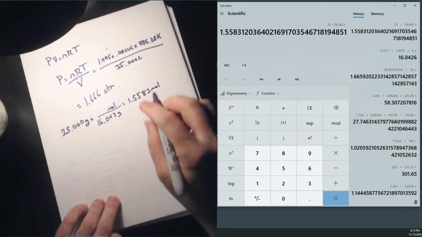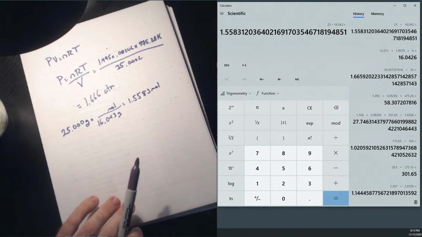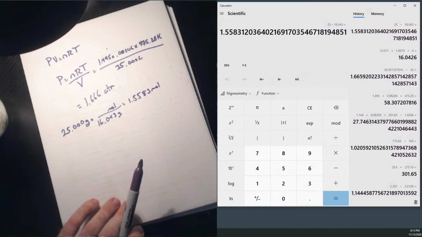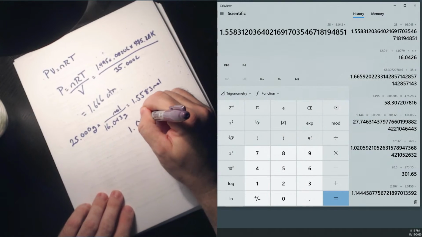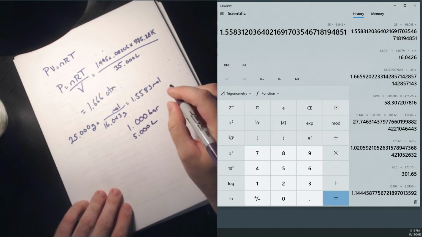That's 1.553 moles. This is going to be a very low temperature, because it is 1 bar of pressure in a 5-liter container. So let's go ahead with 1 bar and 5 liters.